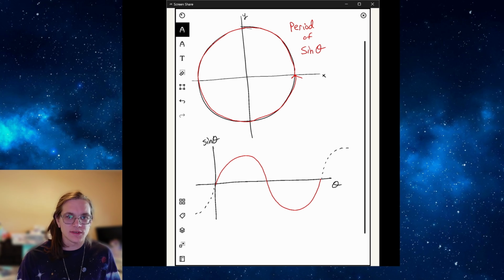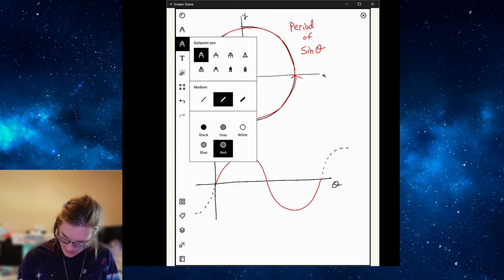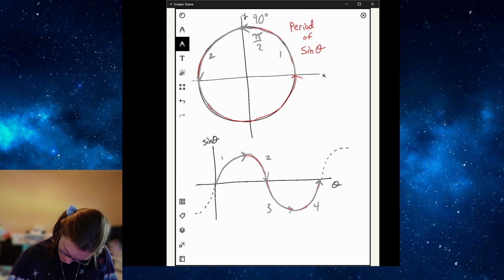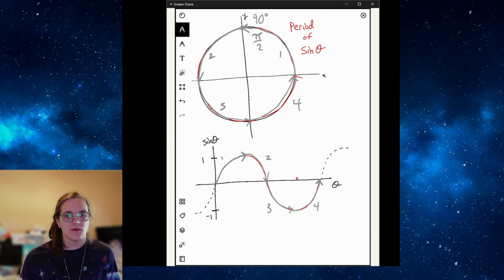And the parts that correspond in the circle to the sine of theta versus theta here, you'll have pieces like this: 90 degrees up here, also known as pi over 2. At each angle, what's sine going to be equal to?